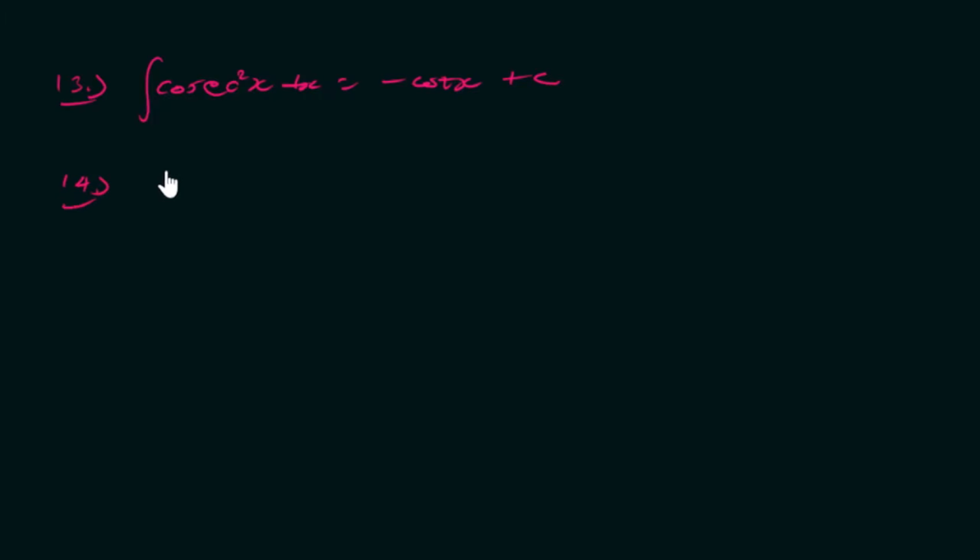14th standard formula is integration of ax plus b power n dx will be ax plus b power n plus 1. We add one power here, n plus 1, and we divide it by n plus 1, and in the denominator we differentiate ax plus b, so you will get just a here, plus integration constant c, right?